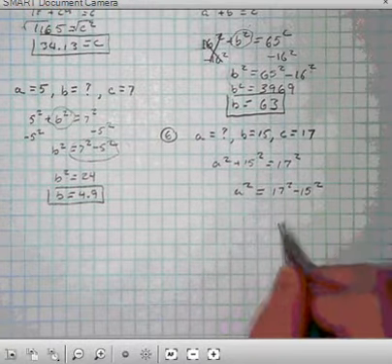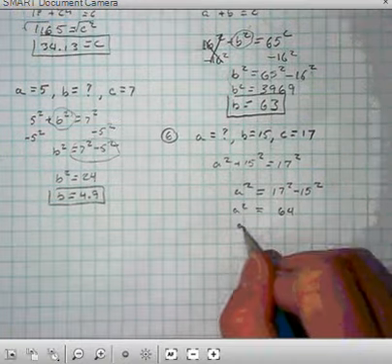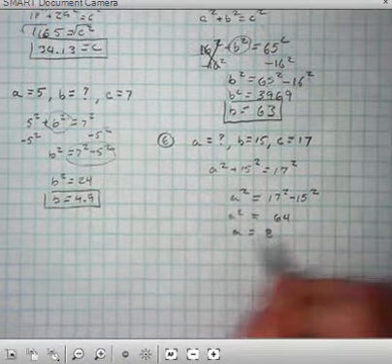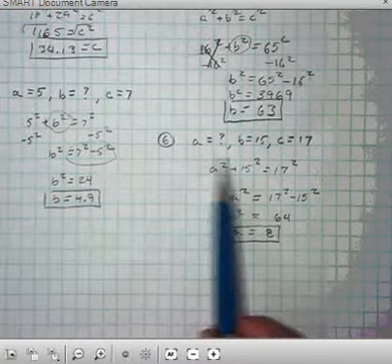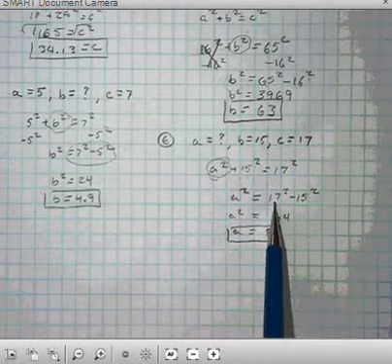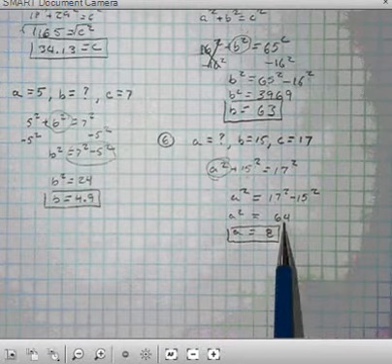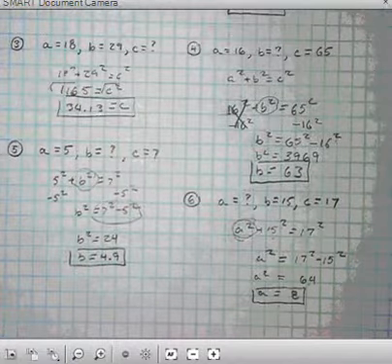Yeah? Good. I would have done that the exact same way. We had to get A by itself here, so we subtract 15 squared from both sides. So 17 squared minus 15 squared gave you 64. Square root of that is 8. That is perfect.